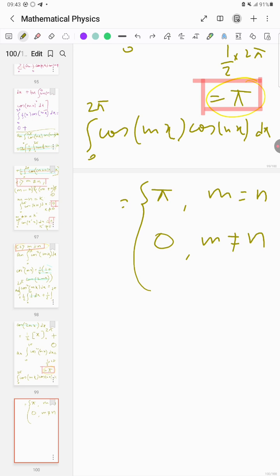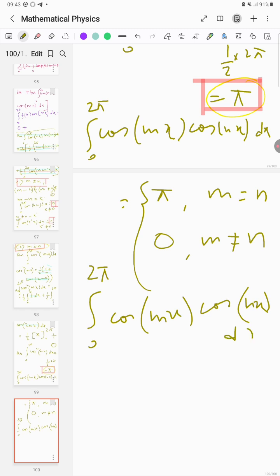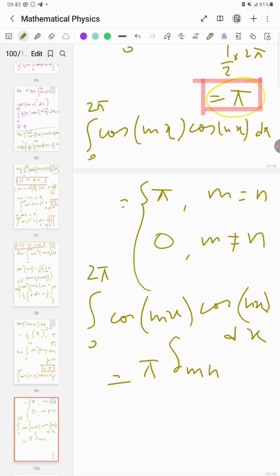So this in a compact way can be written by the Kronecker delta function, which says that integration 0 to 2 pi cos mx into cos nx dx is equal to nothing but pi delta mn, where pi is pi and delta mn is what?